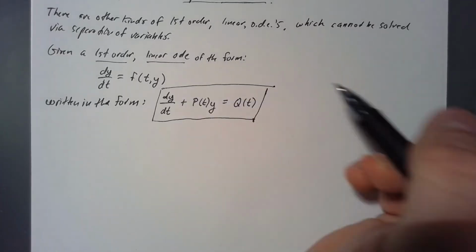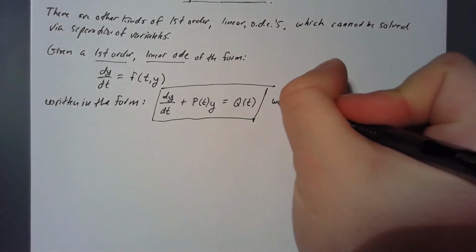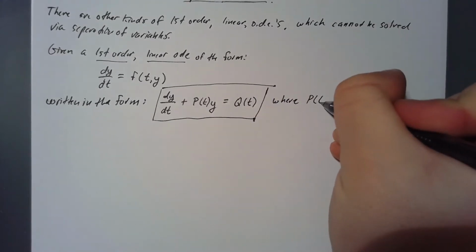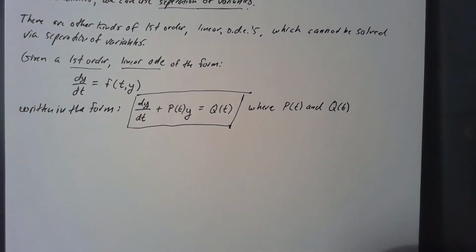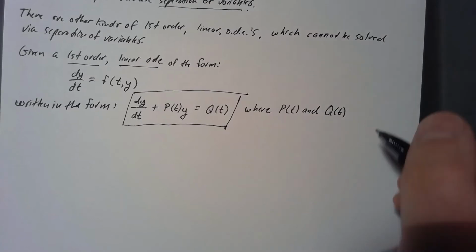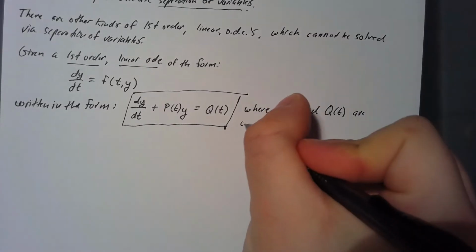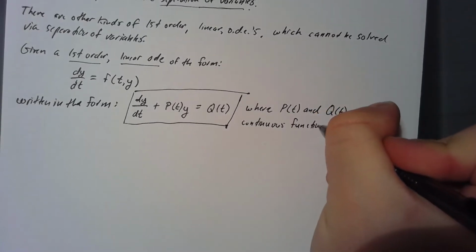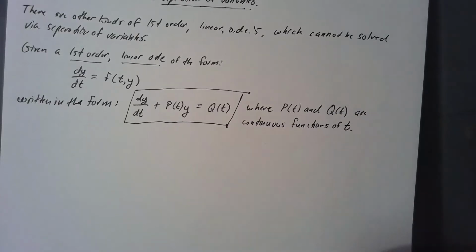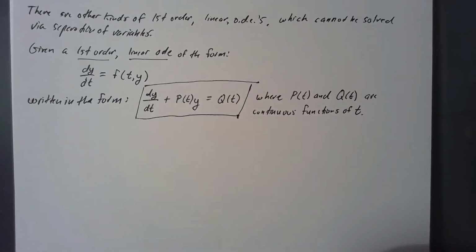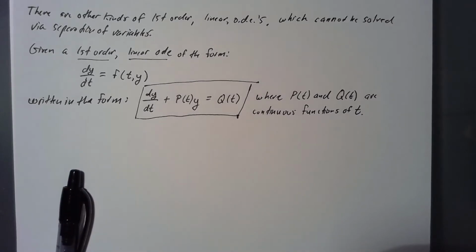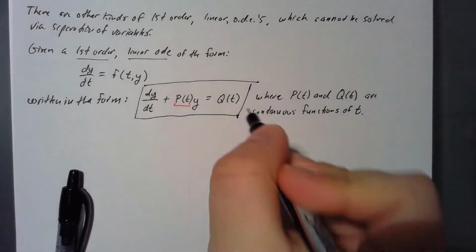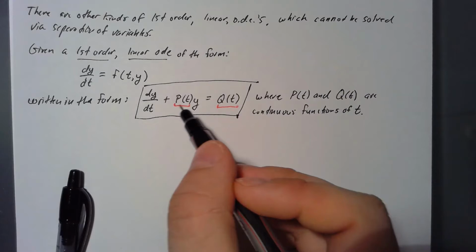This is a first-order linear ODE where p of t and q of t are continuous functions of t. So what that means is p of t and q of t are just expressions containing t in them.